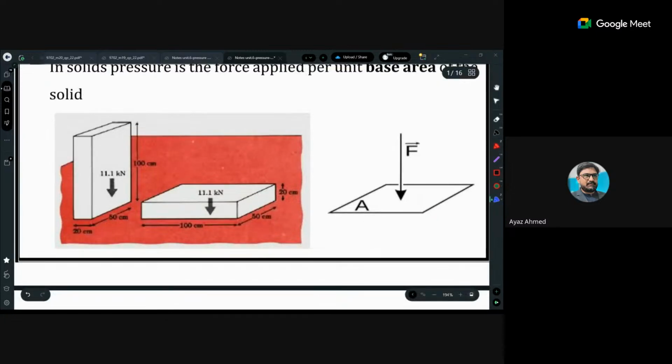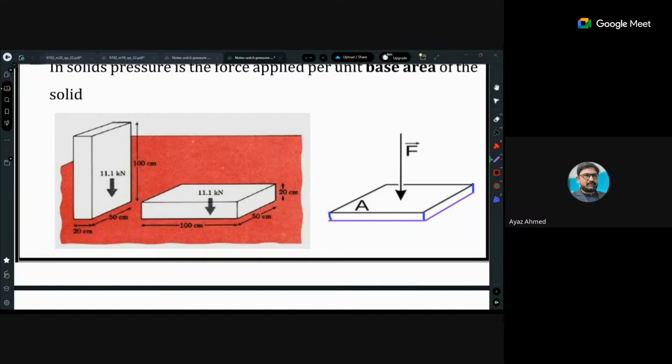Usually, we do not explain the concept of perpendicular force, but you must know that the force is applied on this specific unit area, and that is why the pressure is developed. If I change the direction of the force, the pressure will change. If I change the area, the pressure will change. If I change the quantity of the force, the pressure will change. And its example is in front of you.